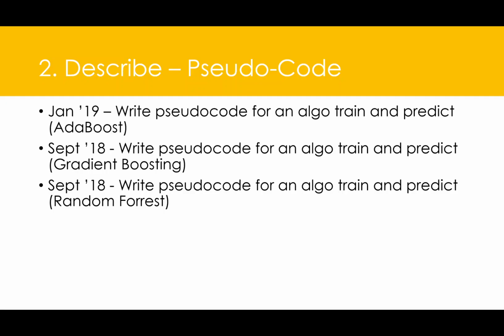Then the second type of exercise I decided to group is the formal description of an algorithm. In the exams of last year, there were 3 requests about writing pseudocode, and they were about AdaBoost, gradient boosting, and random forest.